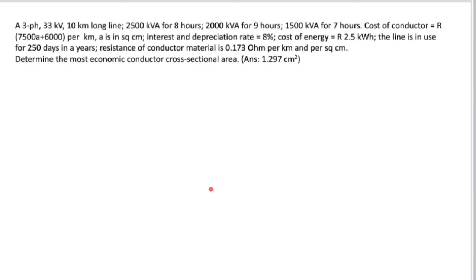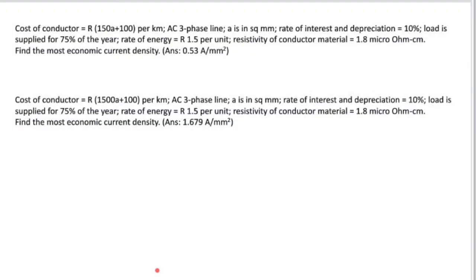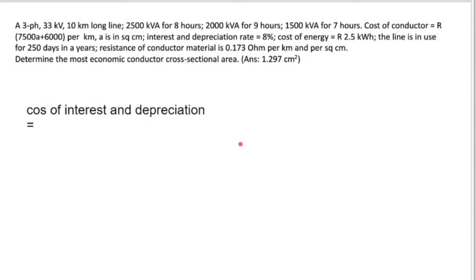Cost of interest and depreciation... it doesn't allow any changes or anything. Let me check.